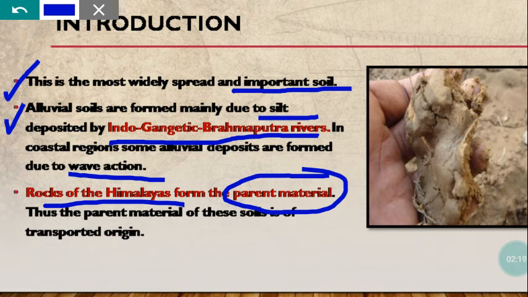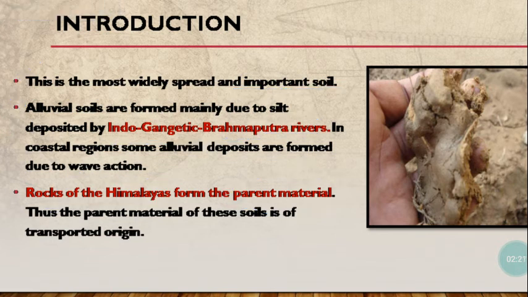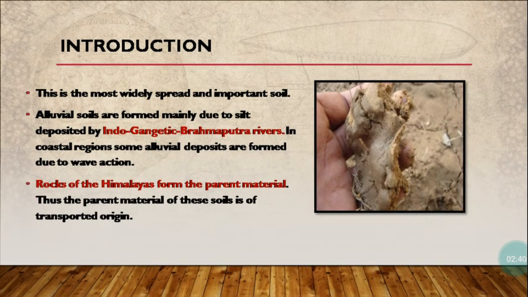And as the parent material is from the Himalayan rock, we can say that the parent material of this soil is of transported origin. That means the parent material has been transported from one region to another region.